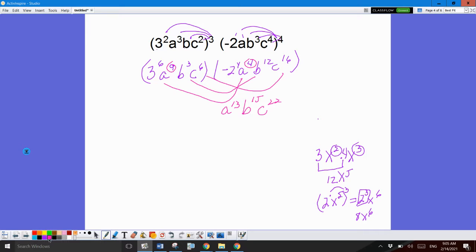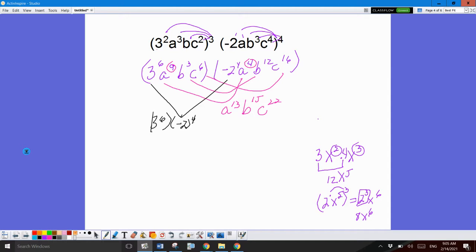The next piece I have to deal with are my numbers. So I actually need to realize what's happening here. So these are multiplied, okay? Those are multiplied.